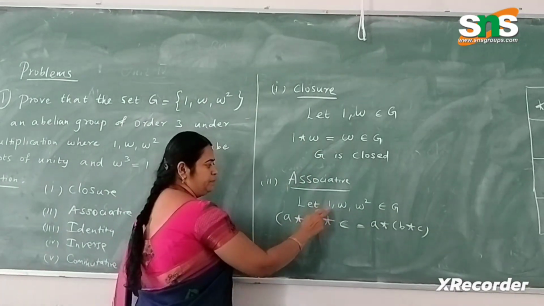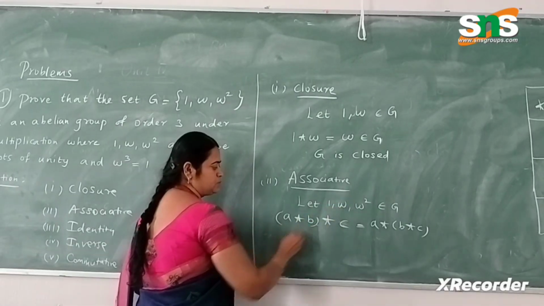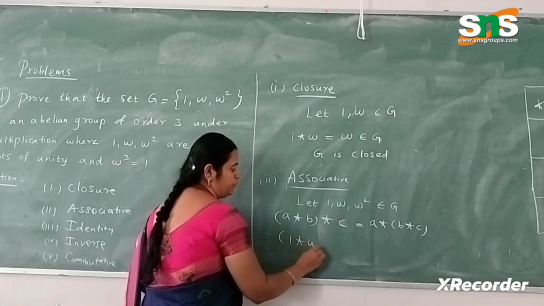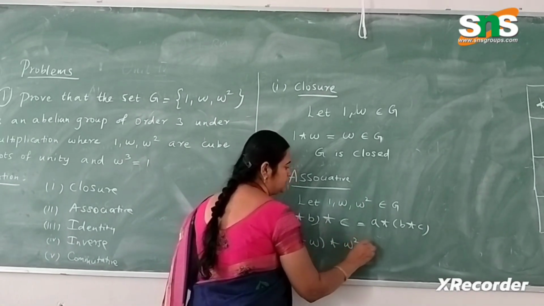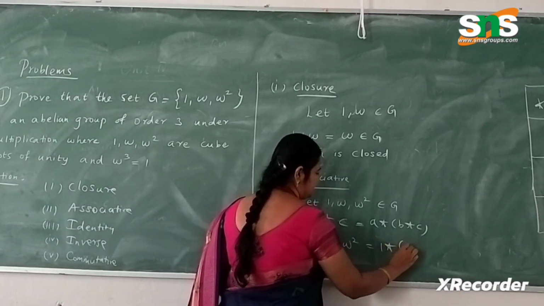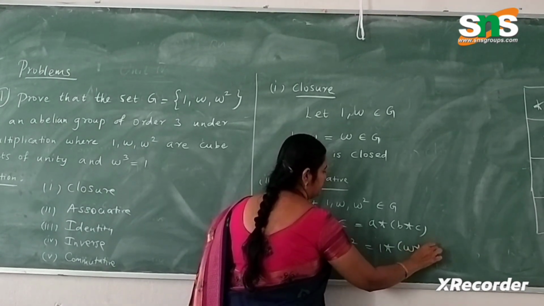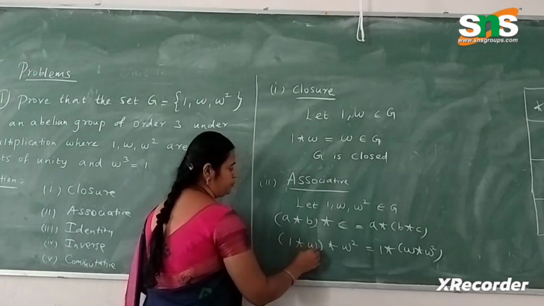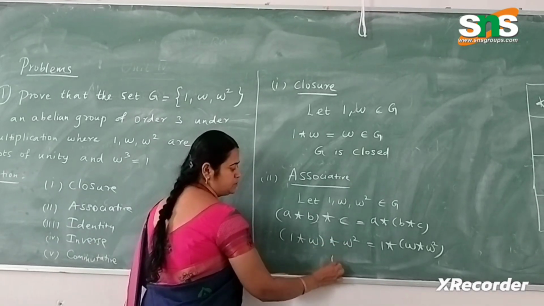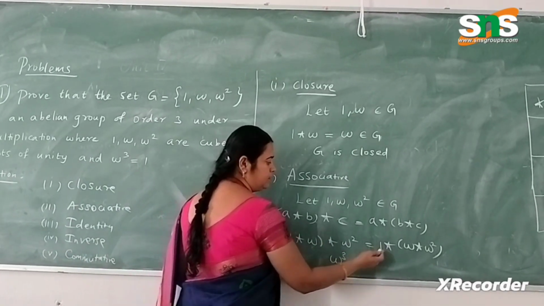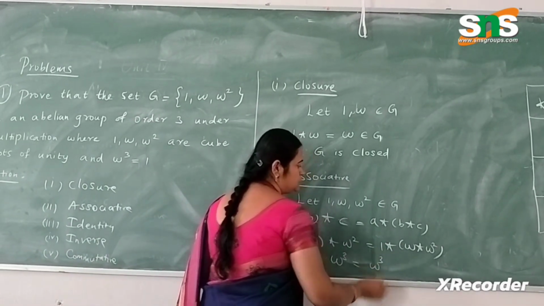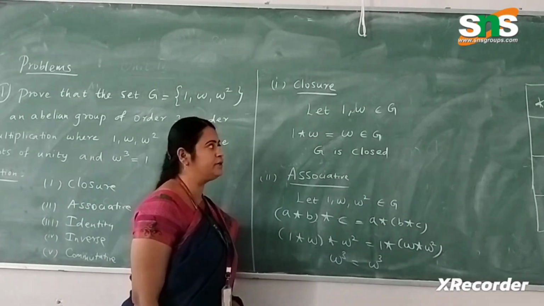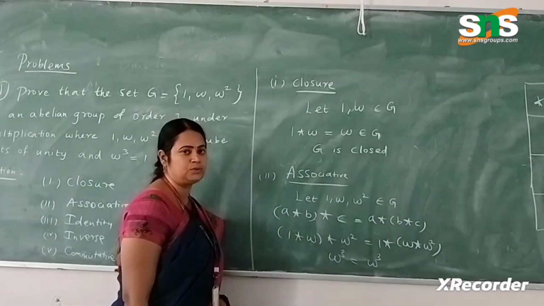Now with A, B, C as 1, omega and omega square, (1 star omega) star omega square equals 1 star (omega star omega square). 1 into omega is omega, and omega into omega square is omega cube. Here also you get omega cube. So it is associative. Therefore we can easily say G is associative.